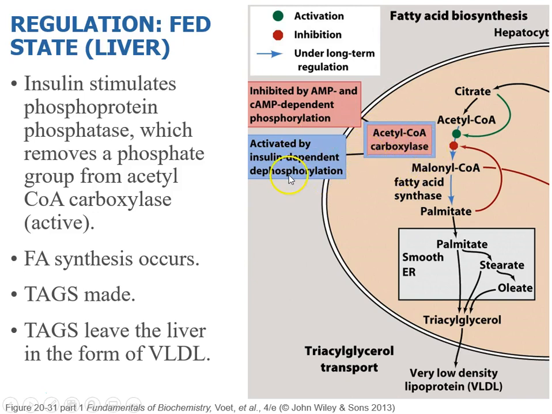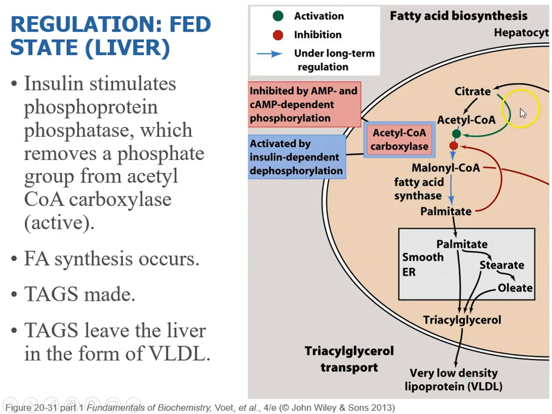So if we're in the fed state, then insulin is the hormone that is secreted by the pancreas. The insulin will activate PP1, and that will take the phosphate group off of acetyl-CoA carboxylase. So that will make it active.